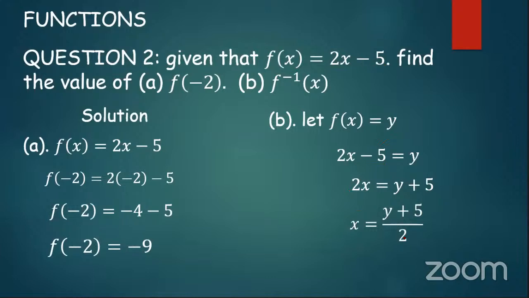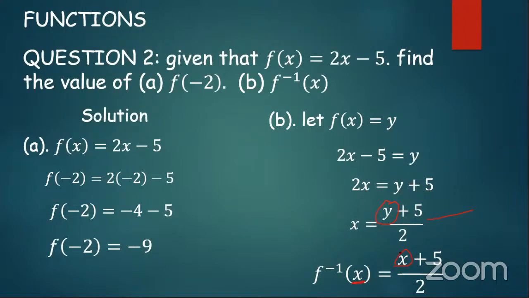Are we there? Yes, sir. Okay. After making x the subject of the formula, we shall be towards the end. So we say f inverse of x is equal to, where there is a y in this step, we substitute an x, because our f inverse is in terms of what? Of x.